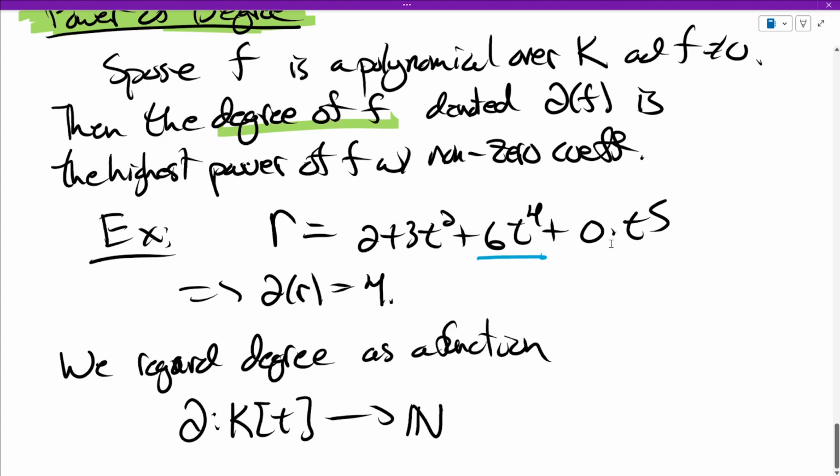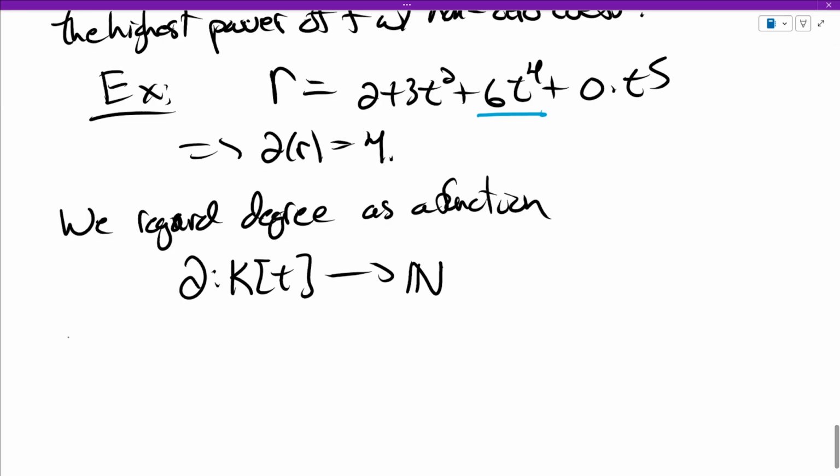If we had the zero polynomial, there is no highest power, and we will take it as a convention that the degree of the zero polynomial is negative infinity, and therefore the natural numbers including 0 don't make sense.